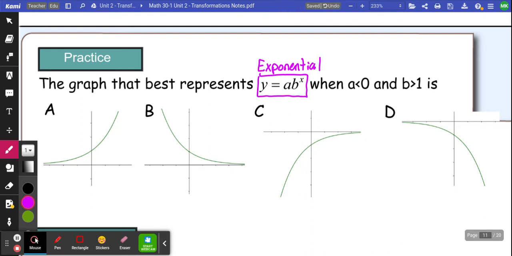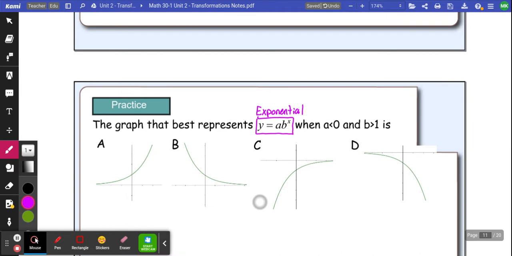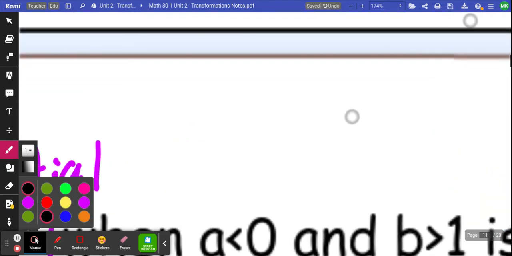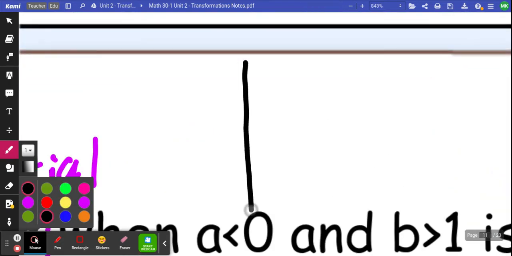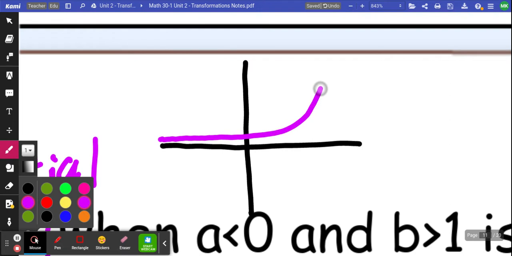Our basic exponential functions, if you think way back, we often drew them like this, with arrows on the end. That showed exponential growth, which was what most of our examples were involving. It was something getting bigger.